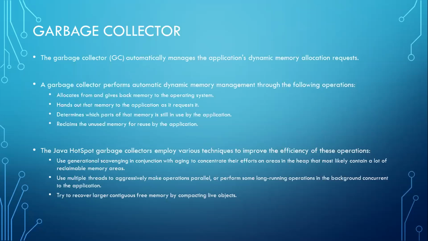And where does it take it from? Definitely from the operating system, from the available main memory, and that main memory is handled efficiently by the operating system. So garbage collection, part of the JVM, helps you allocate from or give back memory to the operating system.